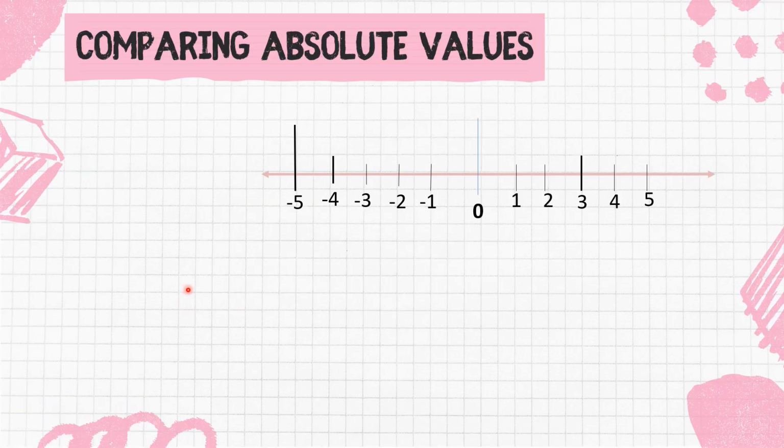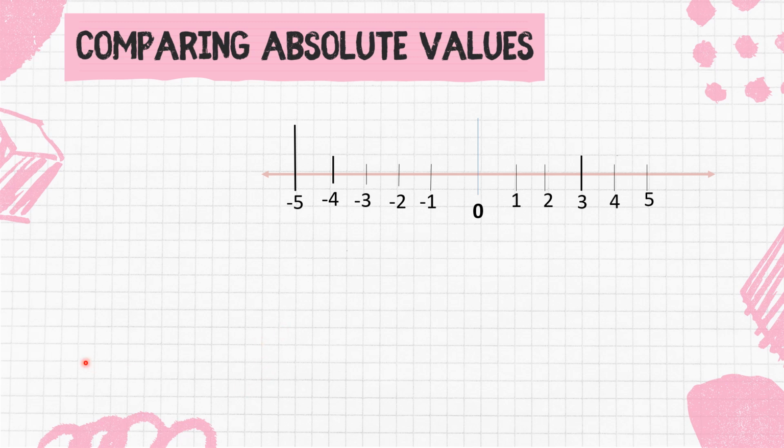Now, comparing absolute values. How to compare absolute values? To understand how to compare, we draw a number line. We put 0, 1, 2, 3, 4, 5, and -1, -2, -3, -4, -5.